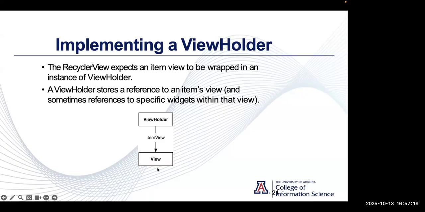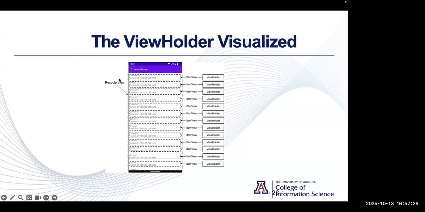So the view holder is something that you get to keep in there. The view holder is the one that allows us to view each one of the items, and this is how the view holder visualizes things.